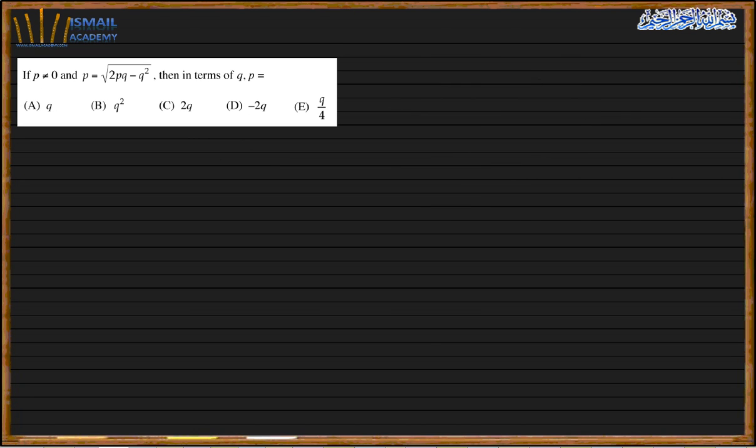Next question. So p is not equal to 0, but I know that pq minus q squared, so they ask us to find p in terms of q.